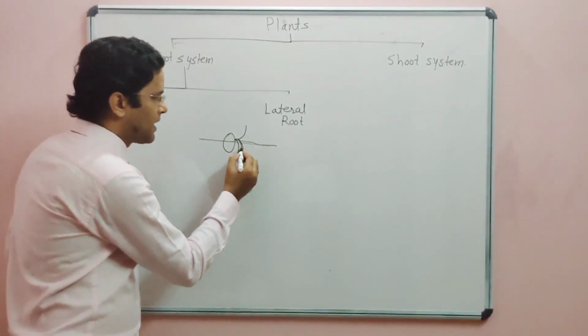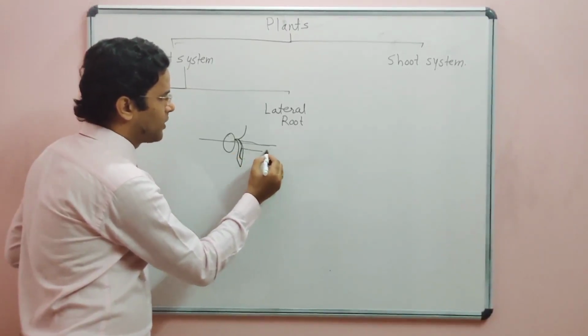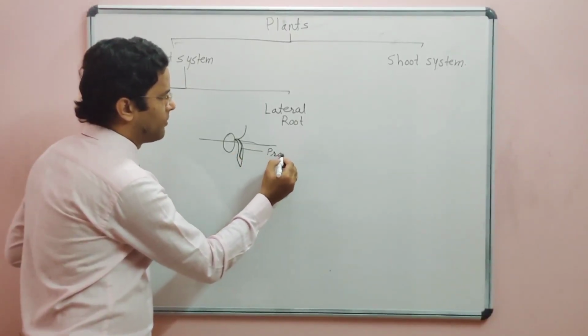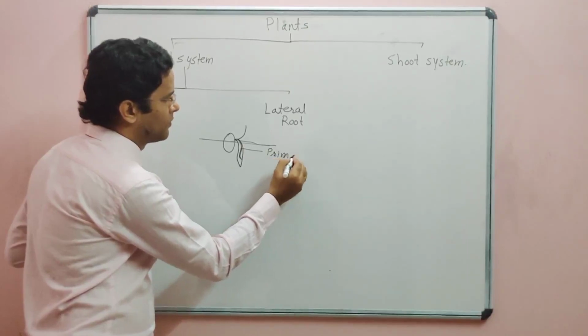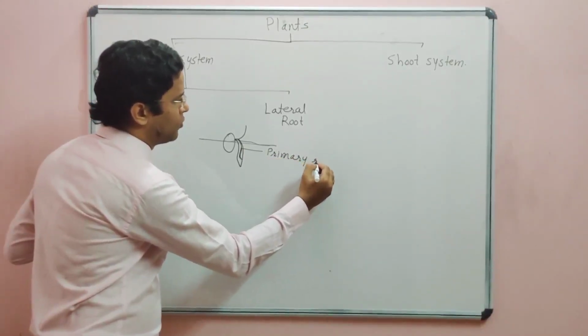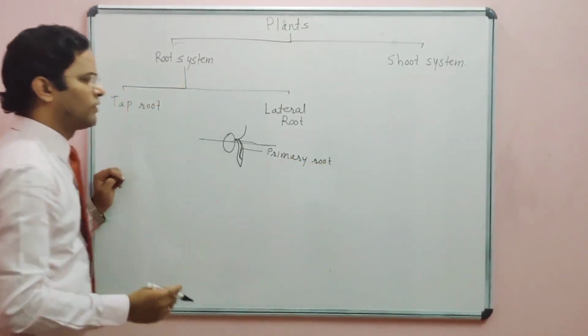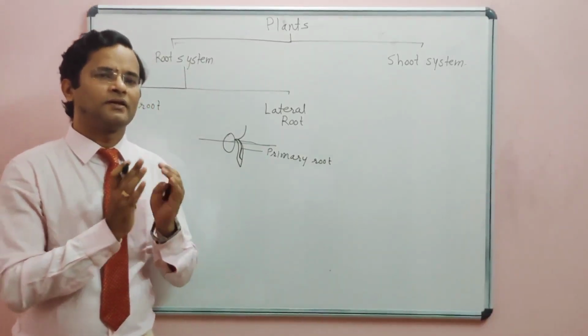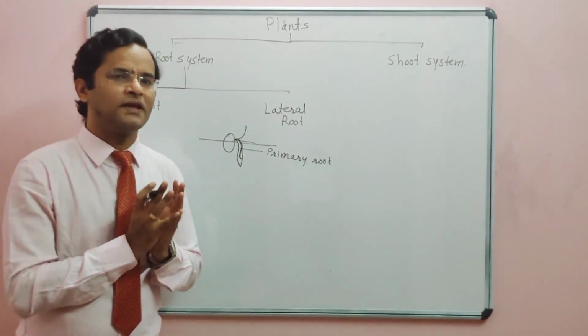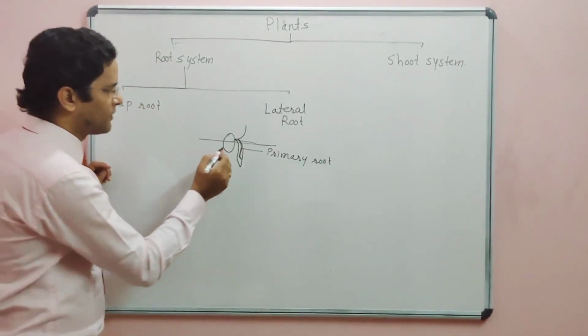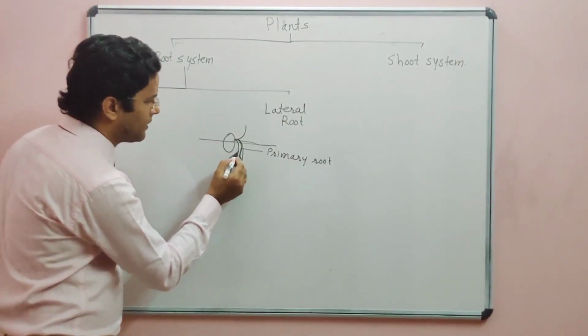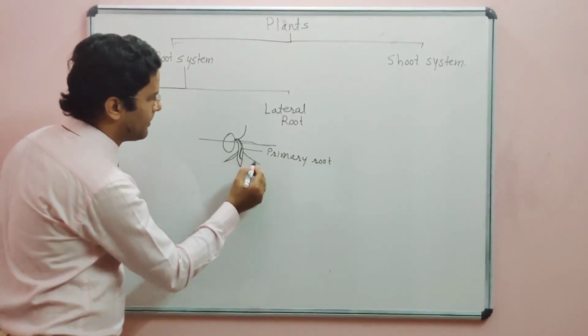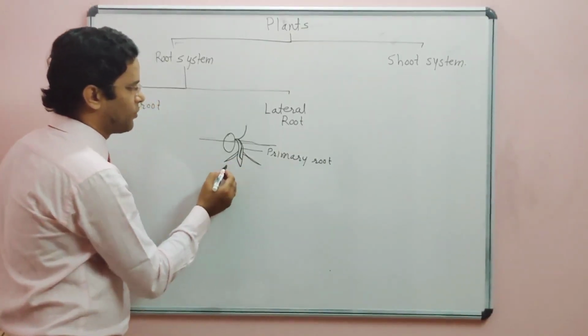That tap root has the name primary root. That primary root will have bigger size, bigger thickness, or we can say thicker in size, and after that there will be the arising of branches of that taproot.